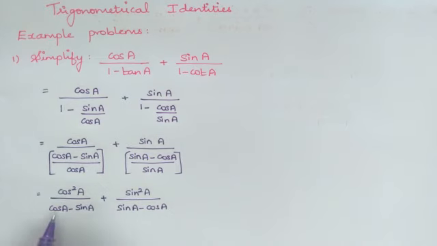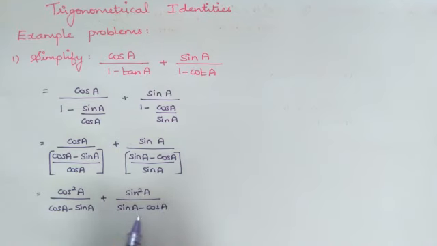Can you see cos A is positive here, cos A is negative here. Sin A is negative here and sin A is positive here. So what can be done is, from this denominator, we can remove the negative sign outside. If we remove the negative sign outside, the positive term turns negative and the negative term turns positive.